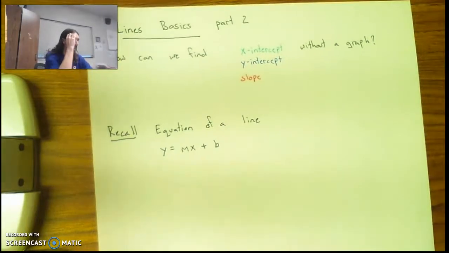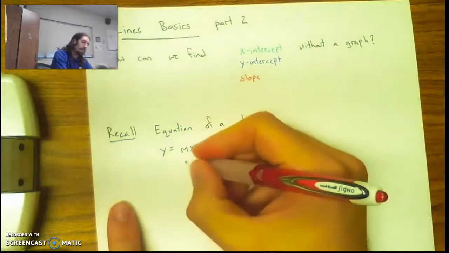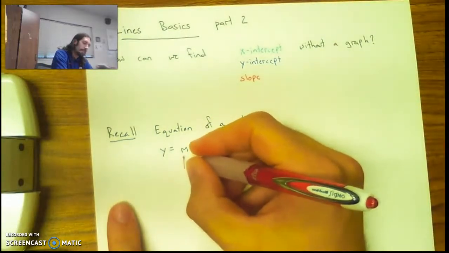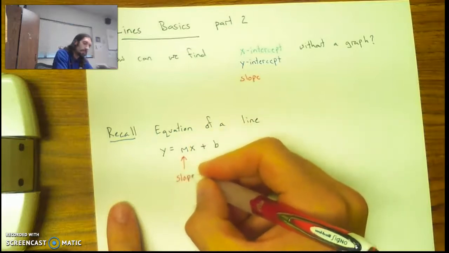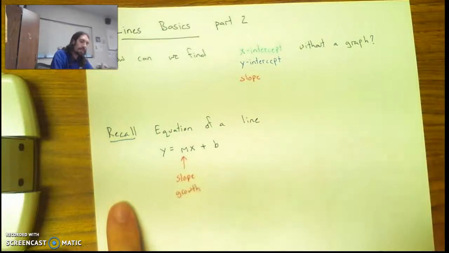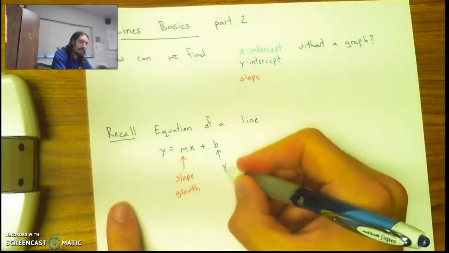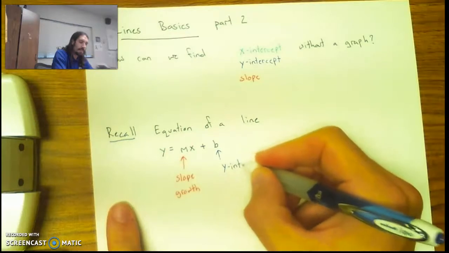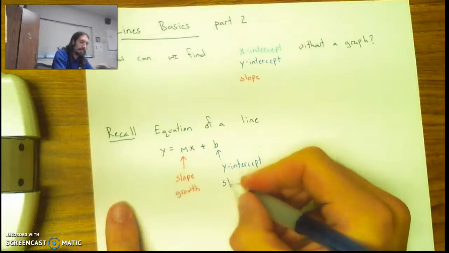And you may remember that based on this formula, the value for m is going to be your slope, or the growth of your equation. And the value for b is going to be your y-intercept, or it's sometimes referred to as the starting value.